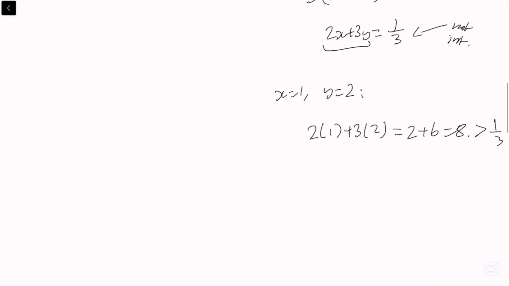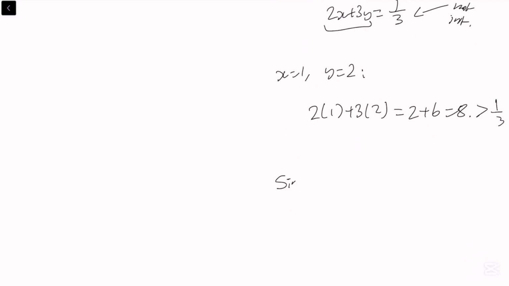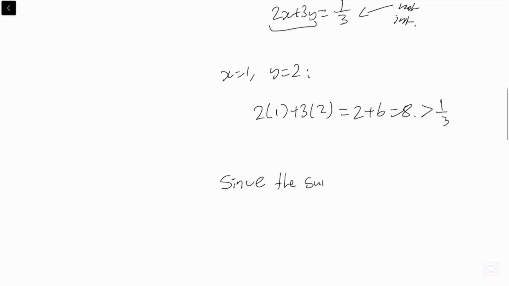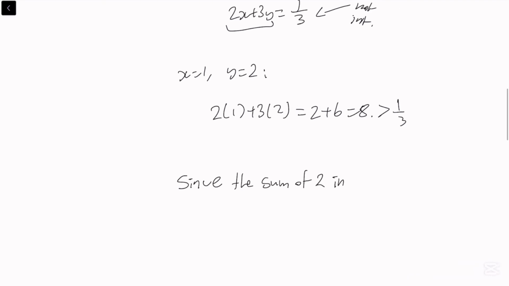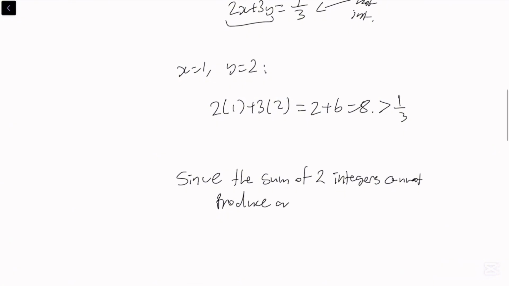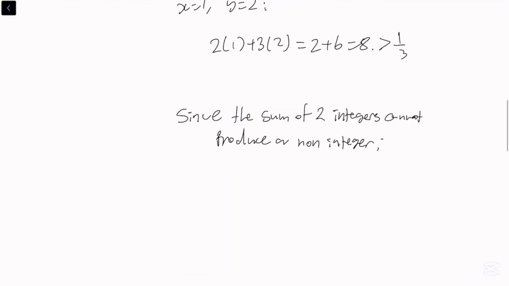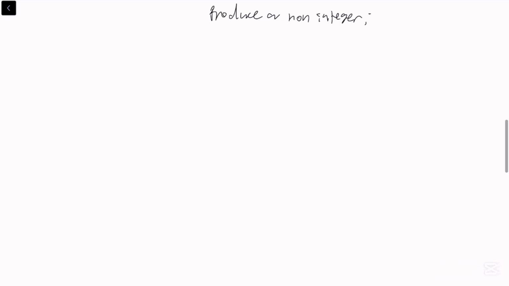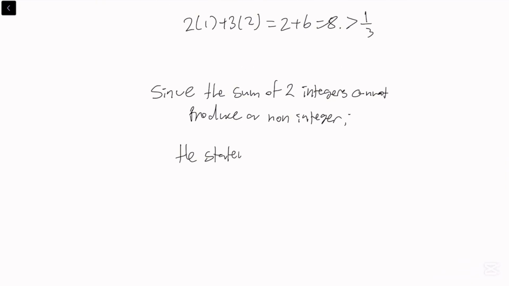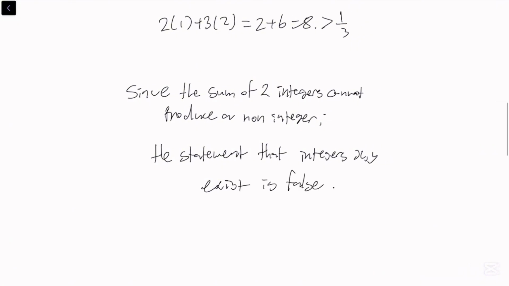And so therefore, since this cannot happen, since the sum of two integers cannot produce a non-integer, the statement that integers x and y exist is false, and thus it is proven.